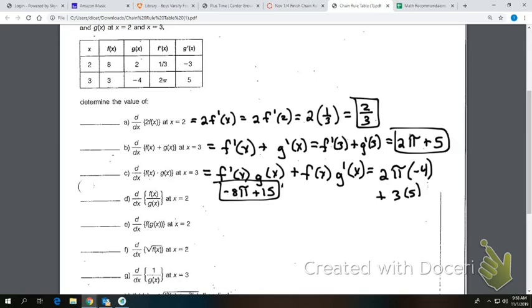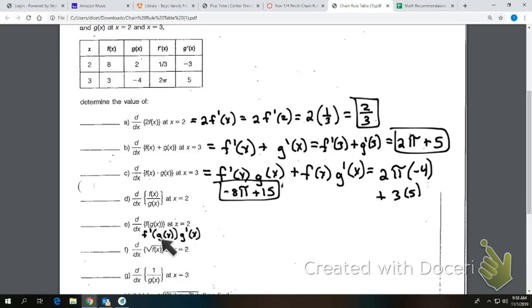Okay, the chain rule would be, what's the derivative of f of g of x? F prime of g of x times what, guys? The derivative of g of x, so g prime of x. This is huge. Can you all follow me with this being the chain rule?